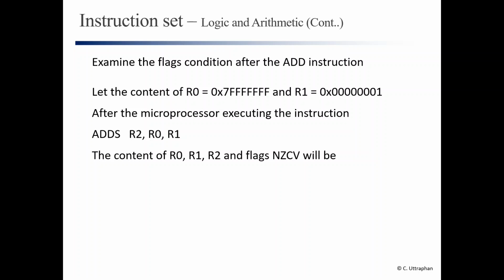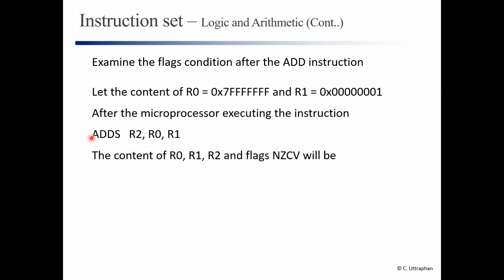In this example, we will determine the flag's condition after the ADD instruction is executed. Let's assume that the initial content of R0 and R1 are hex 7FFFFFFF and hex 1, respectively.